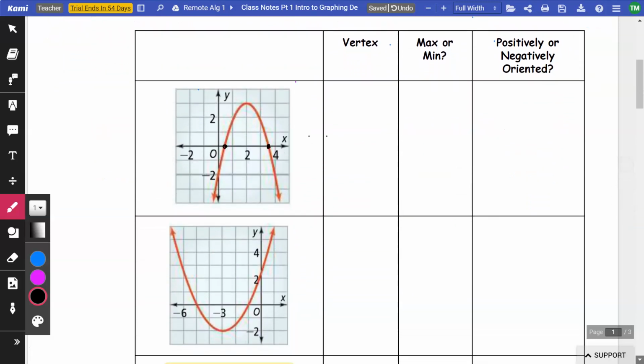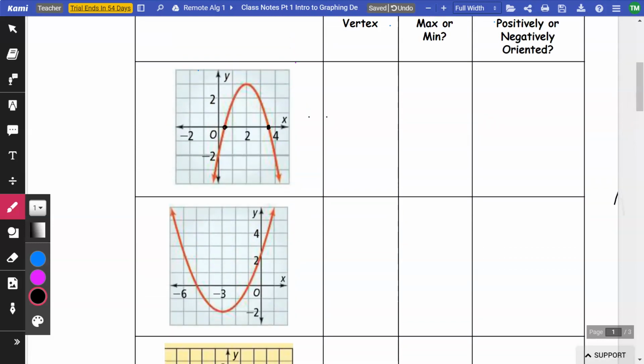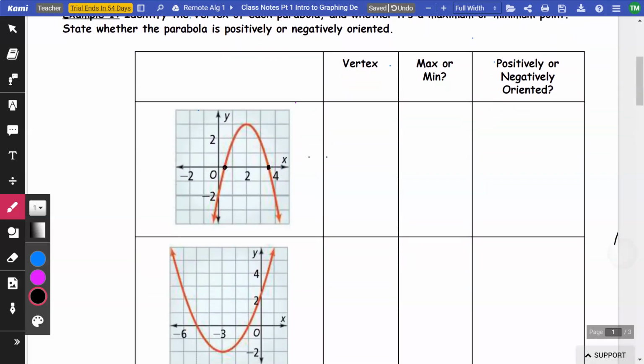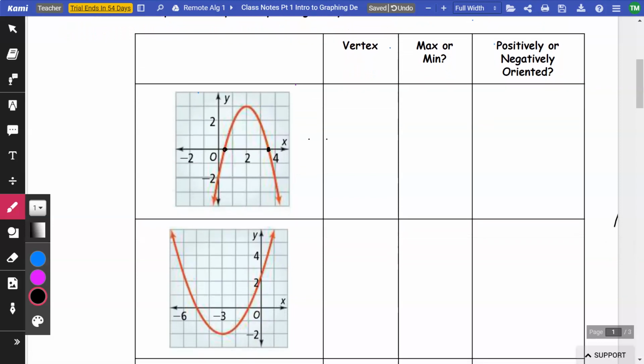Okay, so here we have some examples of parabolas. In example 1, we have 3 different parabolas. We're going to talk about the vertex, whether it's a maximum or a minimum, and if the parabola is positively or negatively oriented. As you can see, the highest point on this parabola, the vertex, is right here.